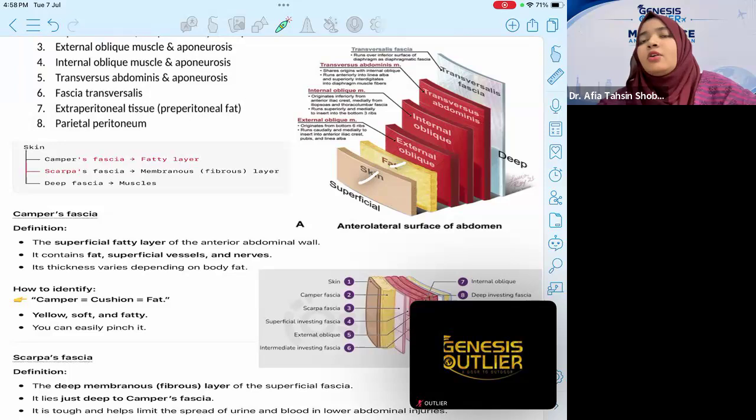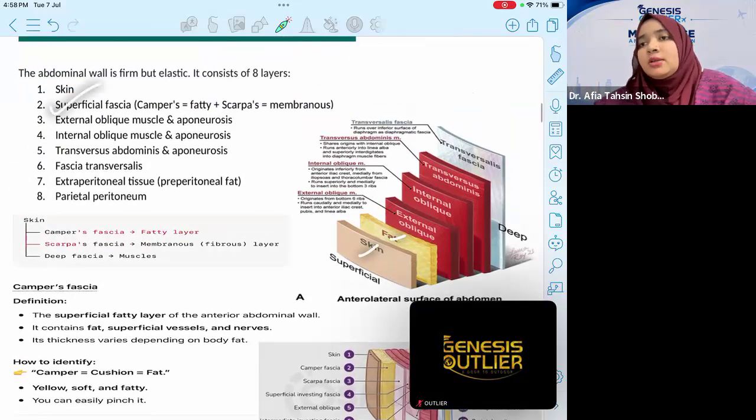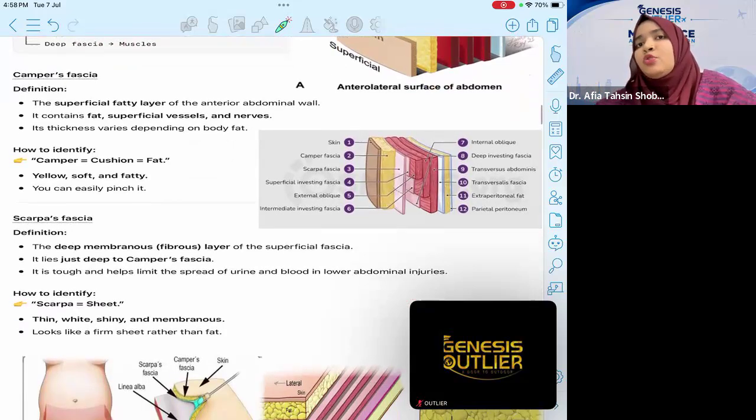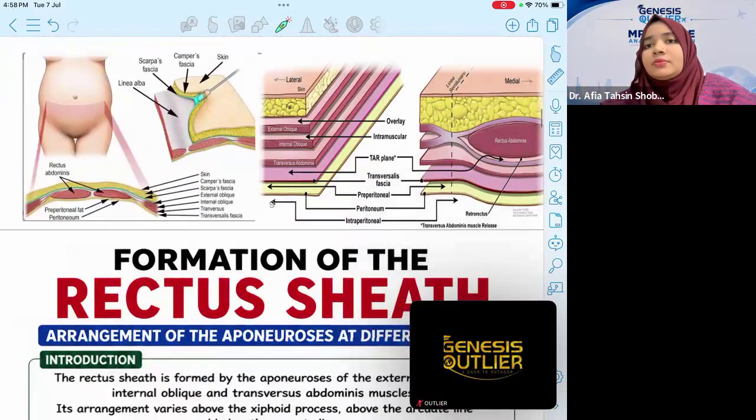Skin, fatty layer or superficial fascia, external, internal, transversus abdominis muscle with aponeurosis. The mnemonic for Camper's is a cushion-like structure or fatty layer, yellow, soft, fatty, and Scarpa's is just like a sheet or membranous thing.